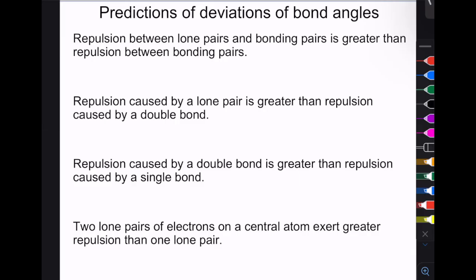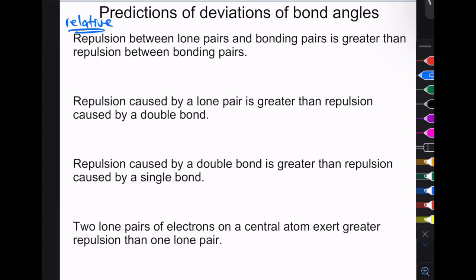But if it's a lone pair, they can expand their repulsive influence. So we can consider that. This is part of VSEPR as well. We can consider the relative repulsion.